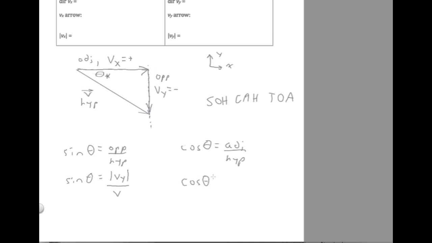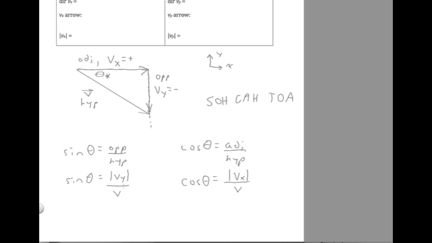For the cosine, we do something similar, but here we use the magnitude of Vx, which is the adjacent side, over that hypotenuse of V. Now, of course, Vx is positive, but I'm still going to use the absolute values just to emphasize that in general, what we would use here is the magnitude of the x component, because we want something that's a length, which is something that has to be positive by definition.